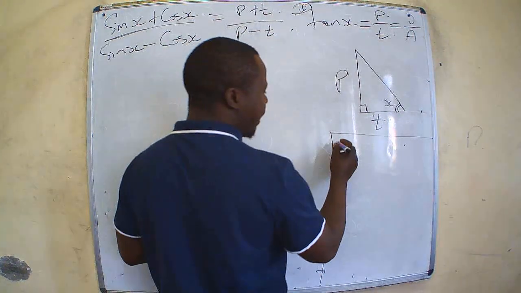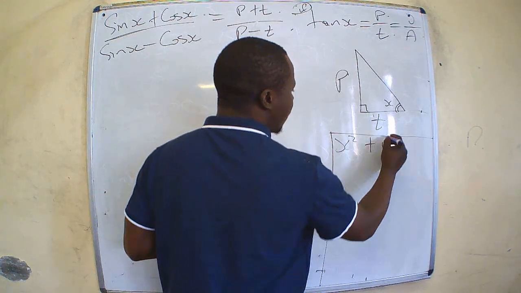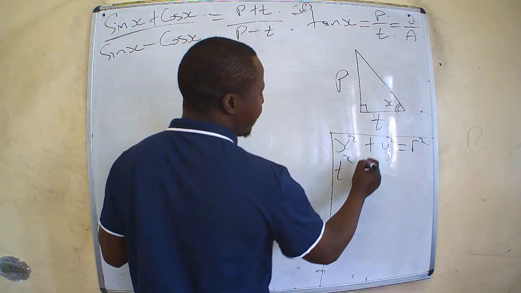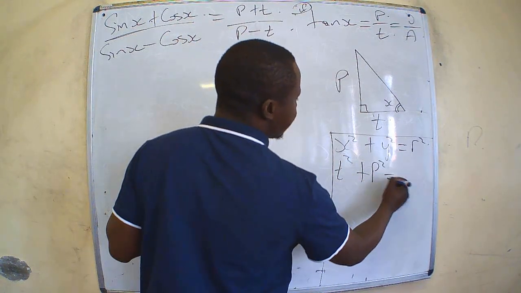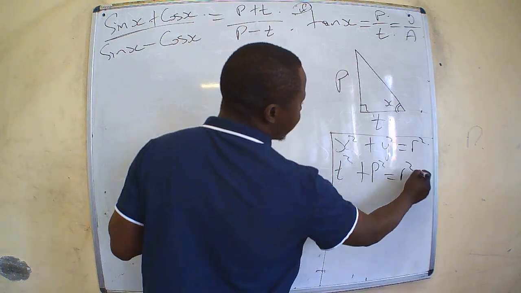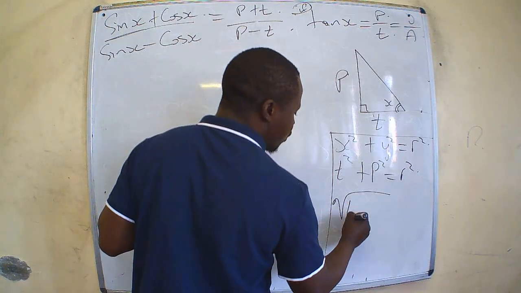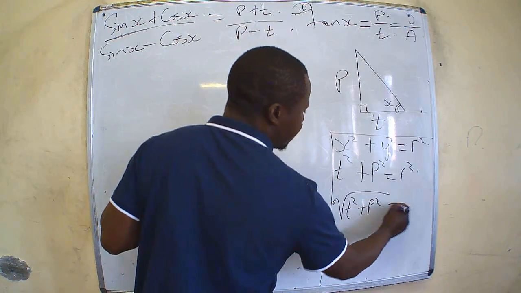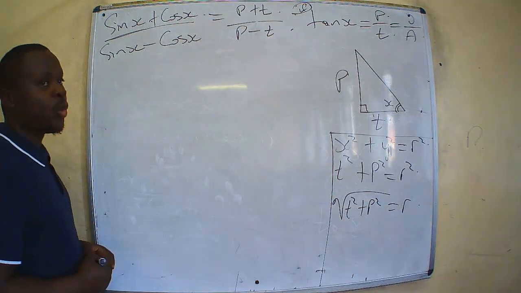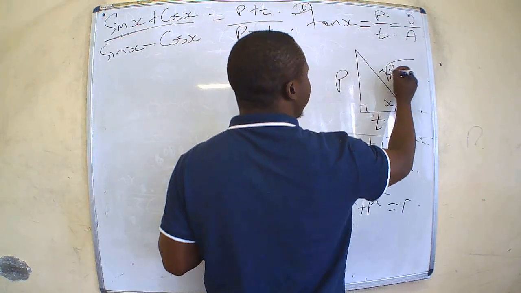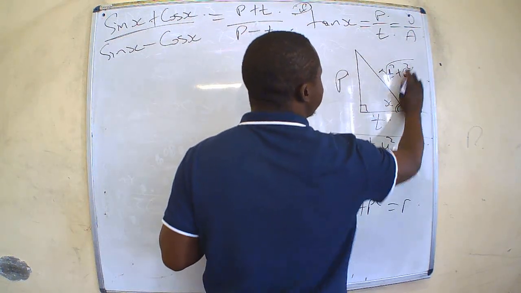Using Pythagoras theorem, x squared plus y squared is equal to r squared. x is t, y is p, and r is what we need to find. r is the square root of t squared plus p squared. So we now have the hypotenuse.